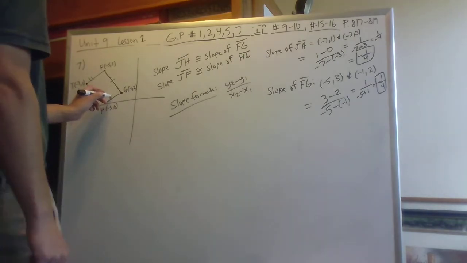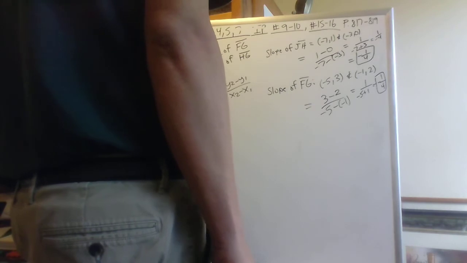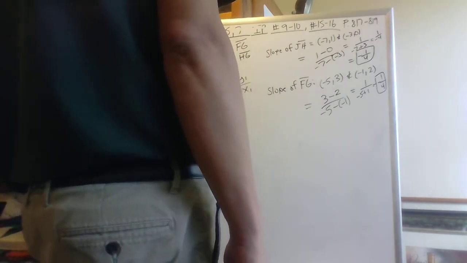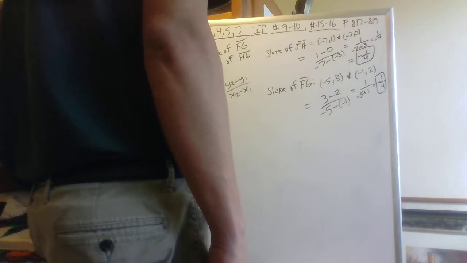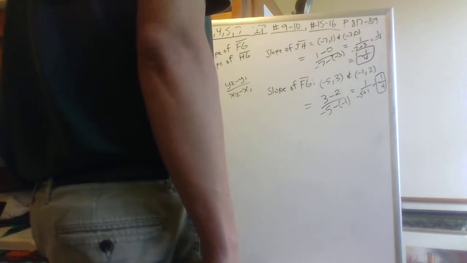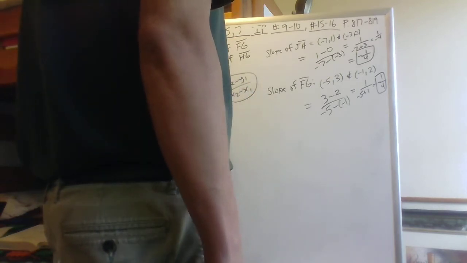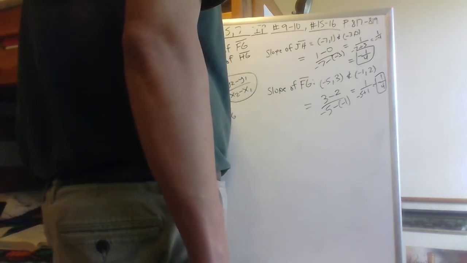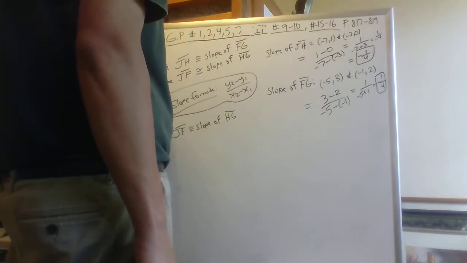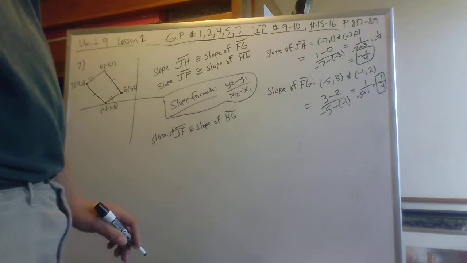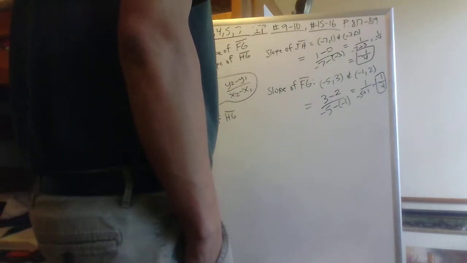However, now we have to determine if the slope of JF is congruent to the slope of HG. So for JF, we're going to do the same thing.